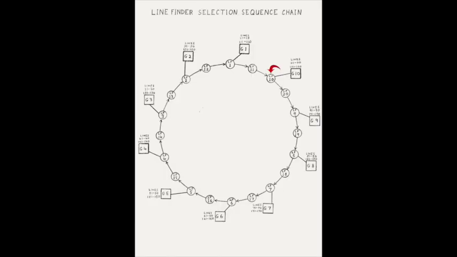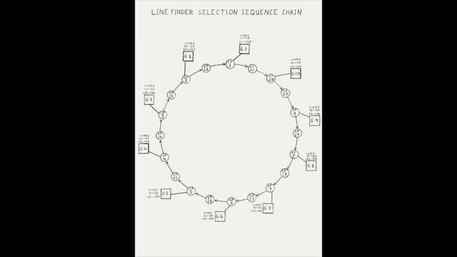In our example, line finder number 10 is in use on another call, and so its D relay is operated. So the ST10 start lead is transferred to line finder number 20, which is the second choice line finder for that subgroup. It is also in use, and the start lead is transferred again to line finder number 9, which is the third choice line finder.